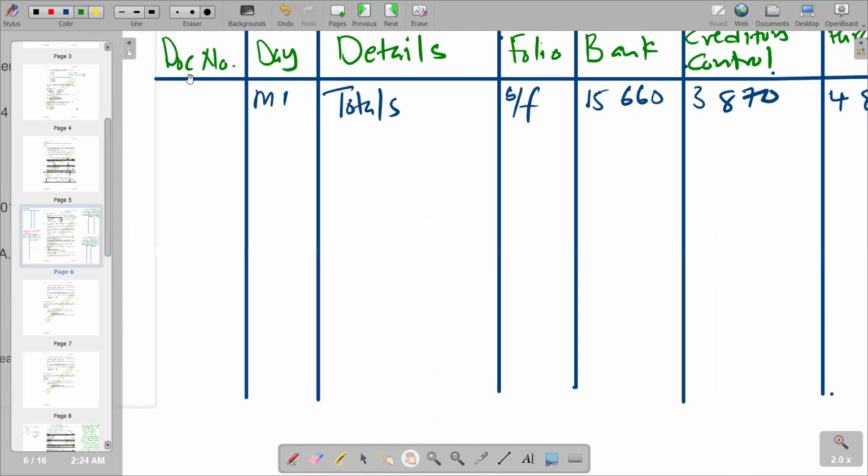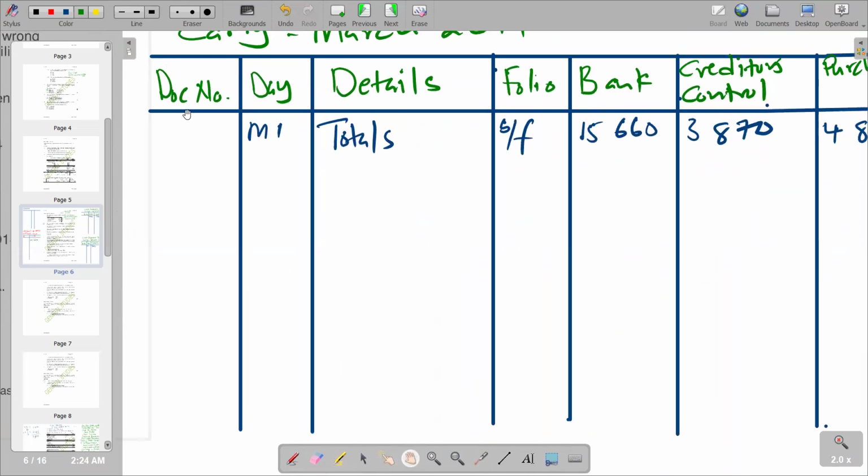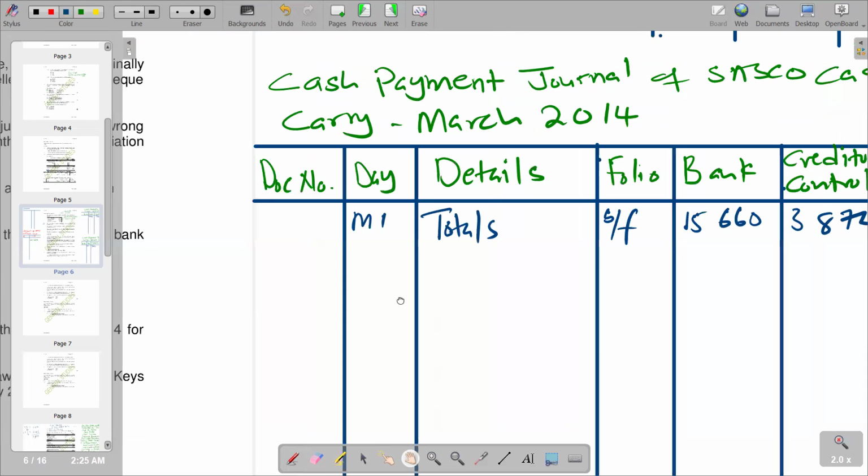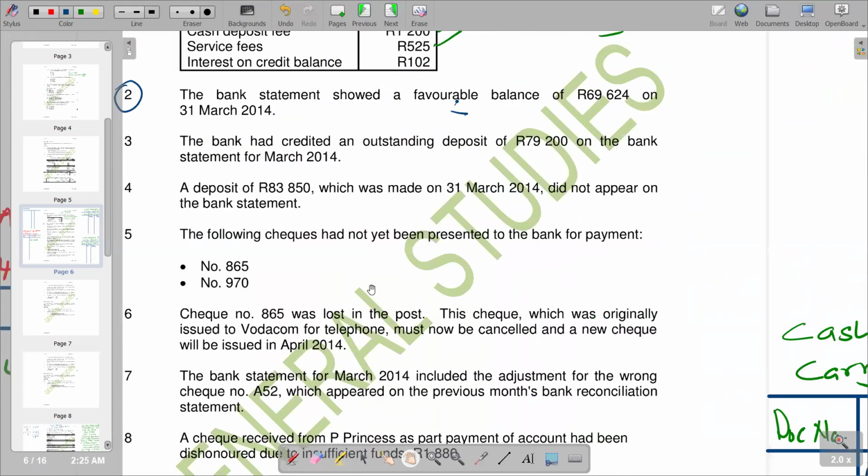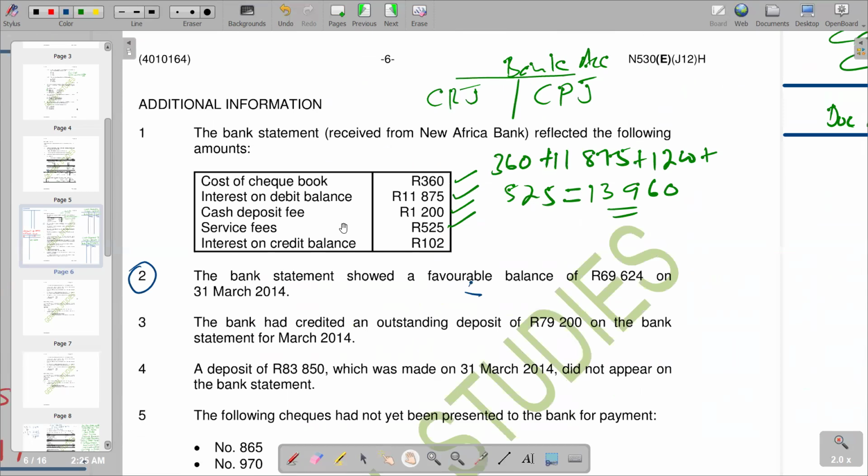So for the cash payments journal, we can just refer back in terms of the details that we are supposed to put. We are seeing that the payee is New Africa Bank.